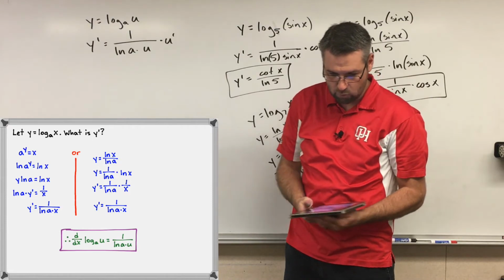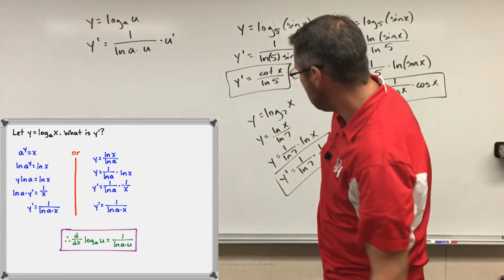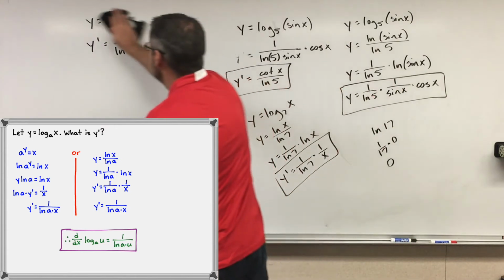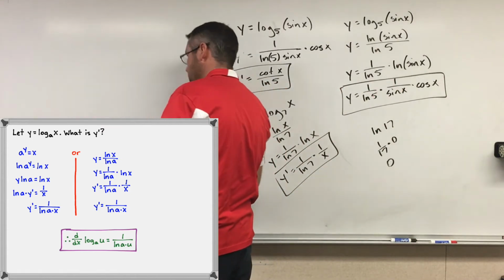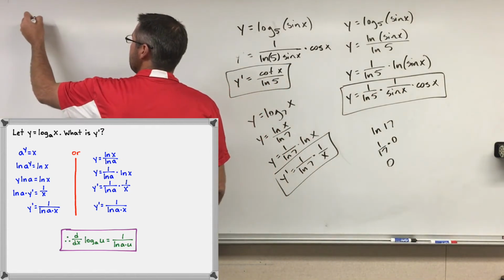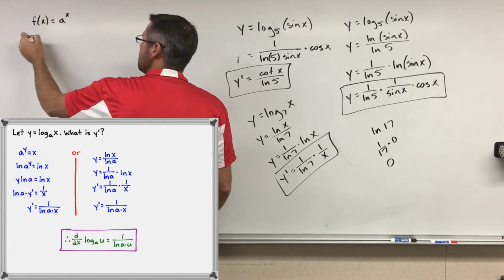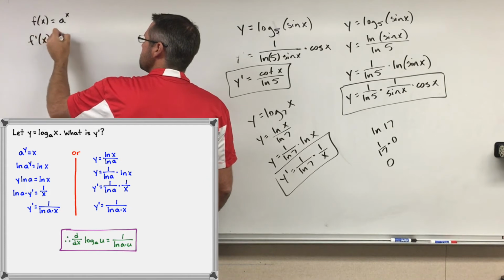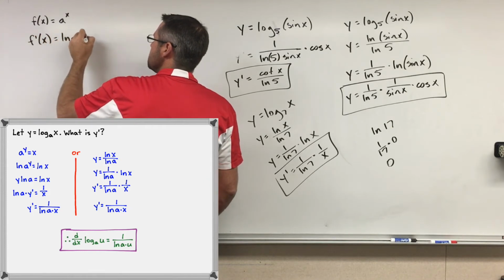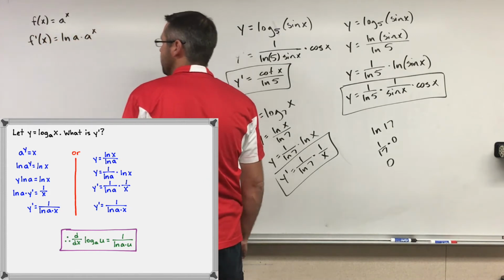Let's go ahead and write both of those down in general with exponential and logarithmic. So again, if f of x equals a to the x, then f prime of x is equal to the natural log of the base times the function itself.